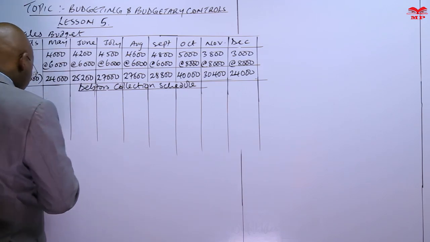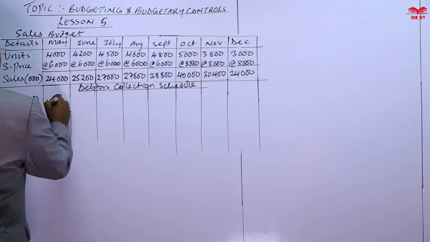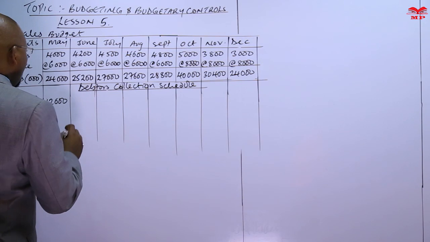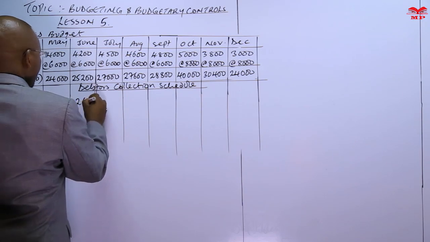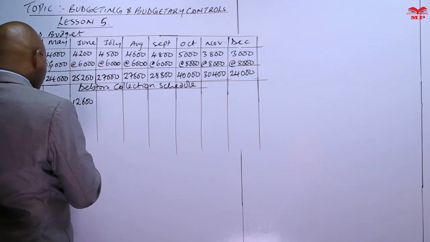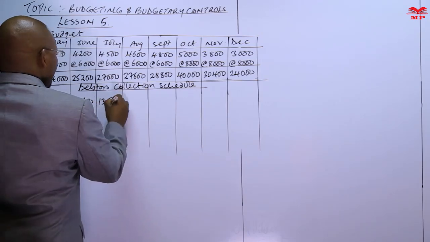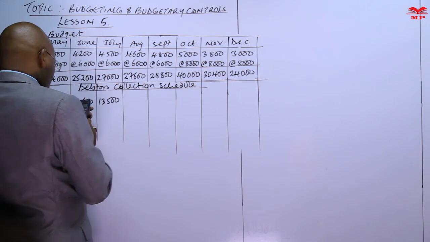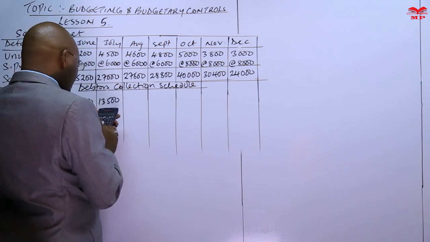So it is 0.5 times 24,000, which is of course 12,000. So 12,000 to be paid there. This is 0.5 times 25,200. This is 12,600. 0.5 times 27,000. This is 13,500. 0.5 times 27,600.